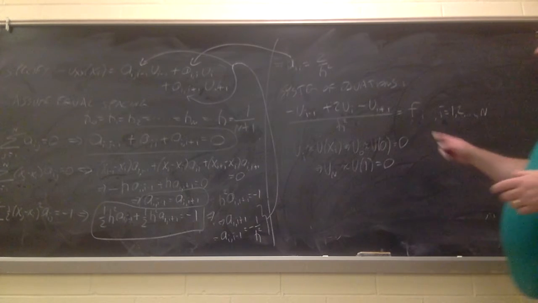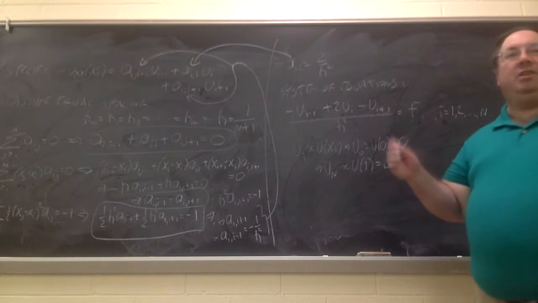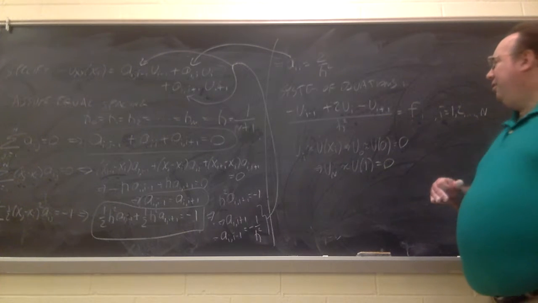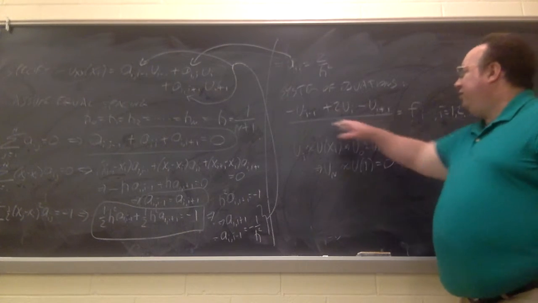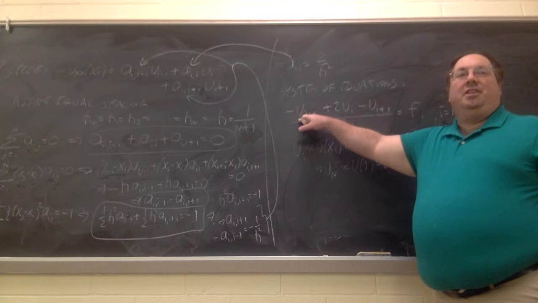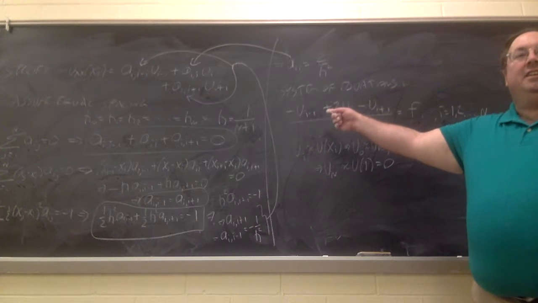But let's just think about this equation. The idea is we want to have everything we don't know on the left side, everything we do know on the right side. So when i is equal to 1, we have this u0 here. I have to say that that's 2. So I can go ahead and fill that in.